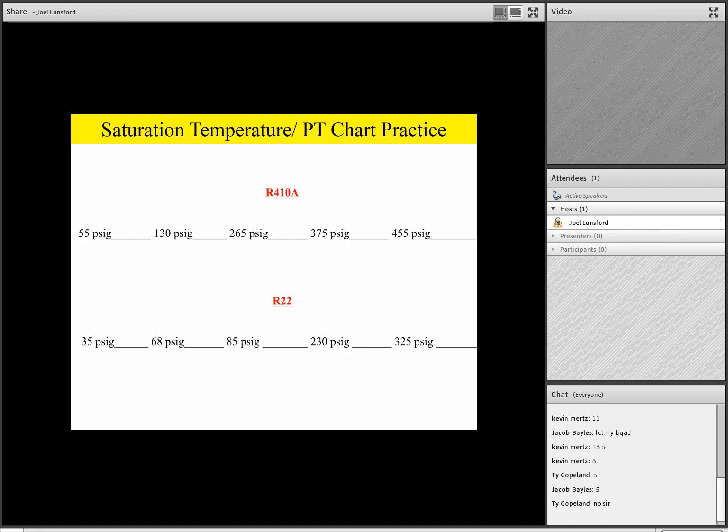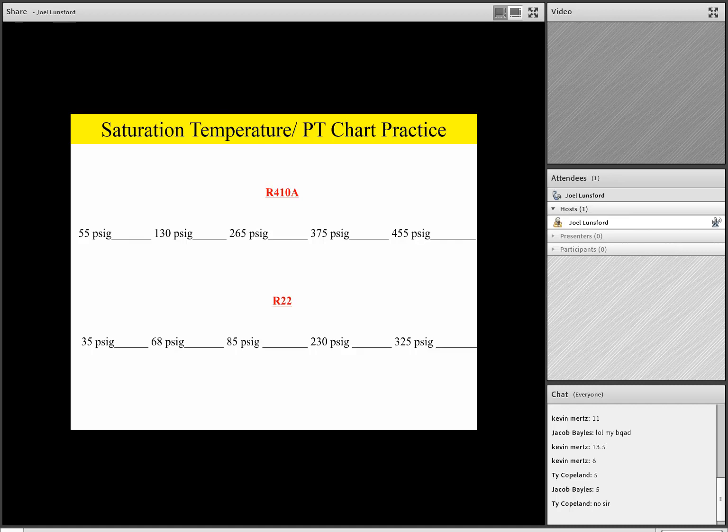Putting it another way, in the condenser coil, the temperature that the hot gas turns back into a liquid is what we call saturation temperature. In addition, in the evaporator, the temperature at which the liquid refrigerant that has been metered past the metering device into the evaporator boils back into a cool vapor is saturation temperature as well.